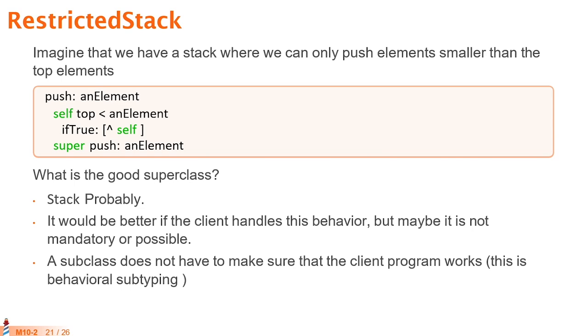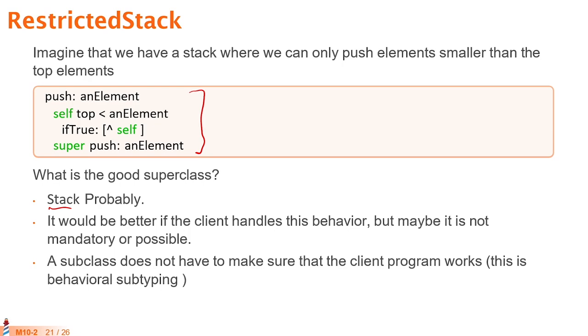Let's analyze this new example. We have a restricted stack. This stack only allows us to push new elements that are smaller than the top element. We can implement the push in this way. What is a good superclass for this? Maybe it's a stack. It looks like what we want is a stack. But the problem is that we need to be sure whether the clients that are using it will be affected or not by this new restricted stack.